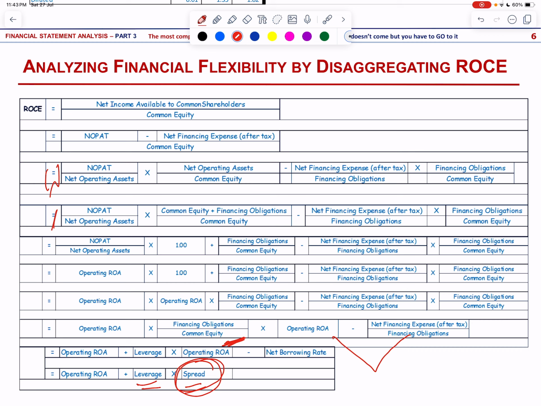Larger spreads let companies borrow cheaply, investing in high return assets for common equity gain. Increased leverage raises borrowing cost, impacting rates and benefits despite spreads. Strategic factors like market saturation affect flexibility. High operating return on asset versus cost suggest greater flexibility and lower solvency risk, both short and long term.